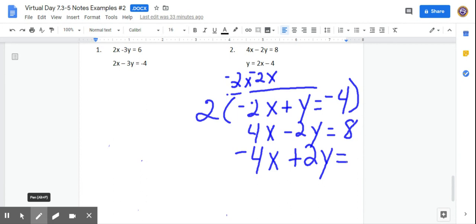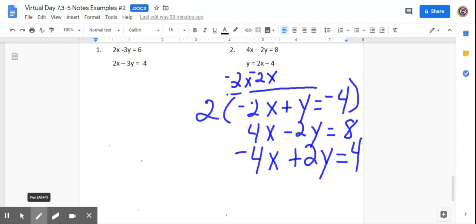equals 4. No, equals 8. What am I doing? Oh my gosh, I'm so confused.